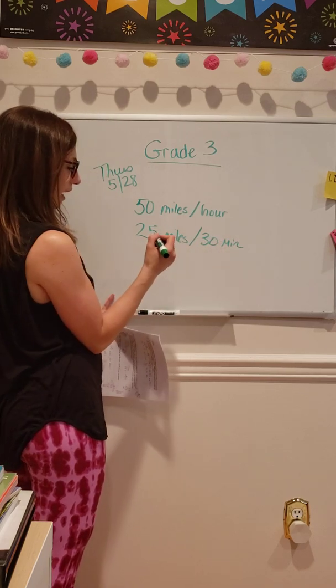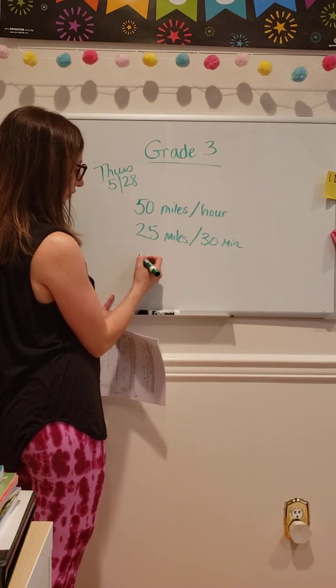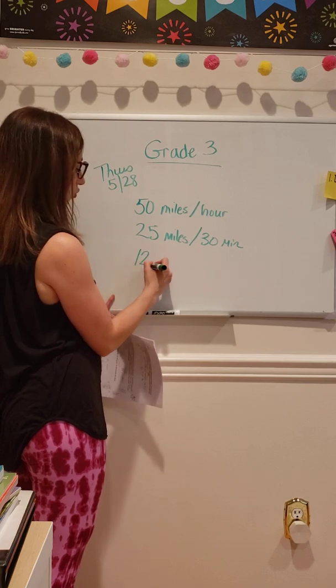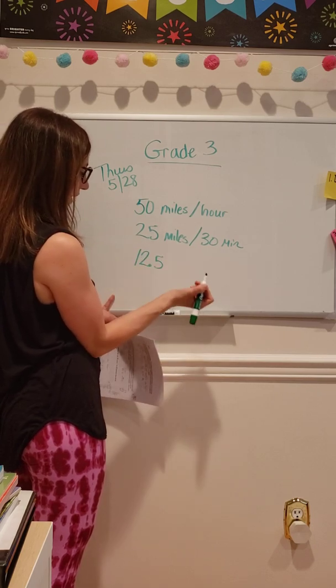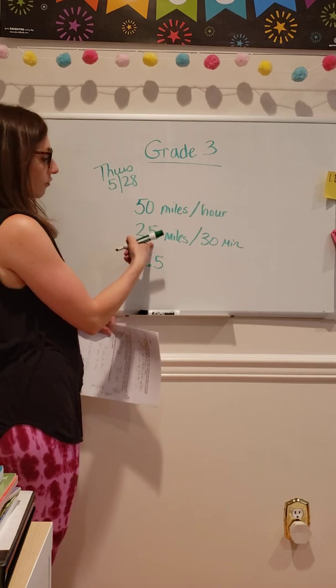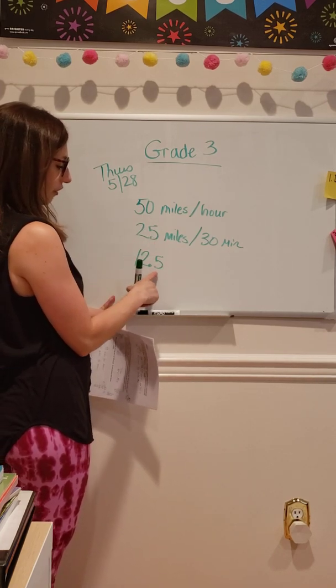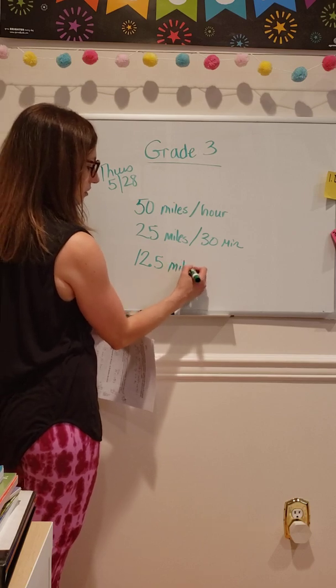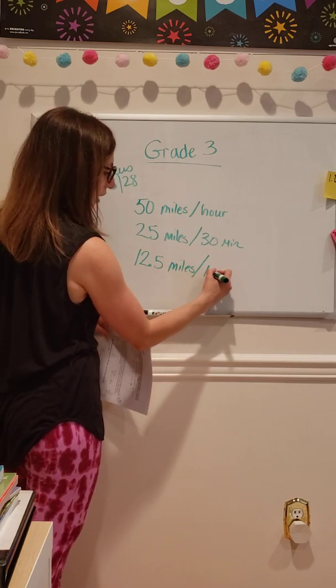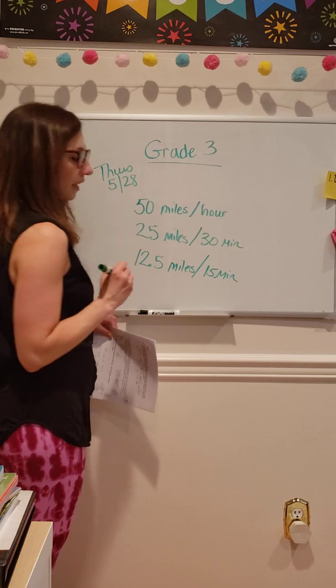And I'm going to divide it in half again, which half of 25 is going to be 12.5, 12 and a half. Think of it as money in that case, right? So half of $25 would be $12.50. So 12.5 miles in half of that time in 15 minutes.